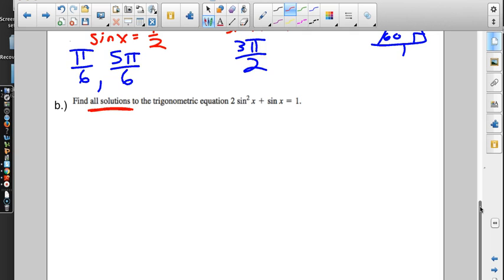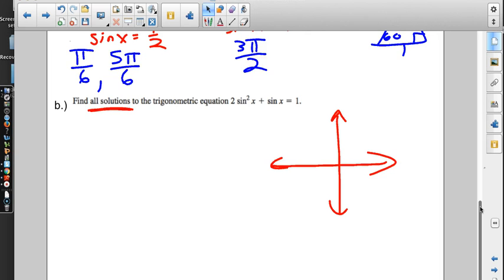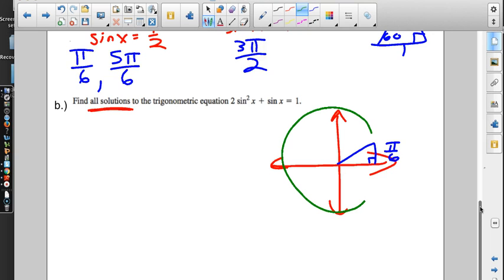But we also know that if pi over 6 is a solution, and they say all, anytime we go all the way around and we land right there again, we have another solution. So we'd have to say pi over 6 plus, and here's where we get into the, how do we know when to use 1 pi versus 2 pi?